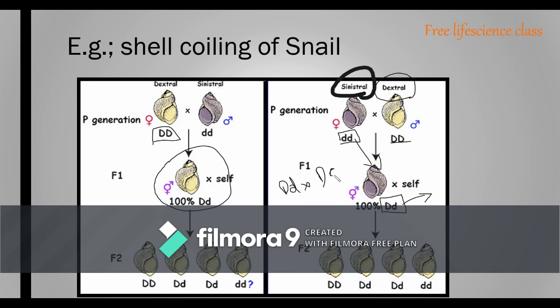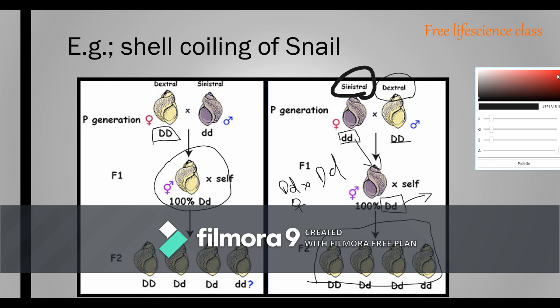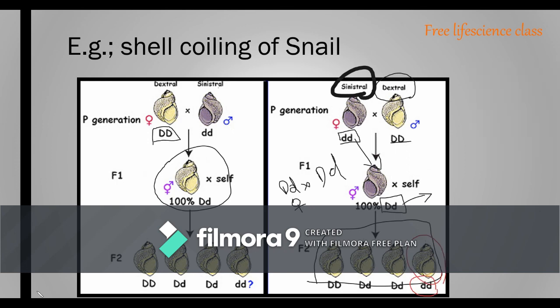So both the parents, the female parent as well as the male parent, have the genotype of capital D, small d, and all the offspring will be dextral type. Please look at this one.